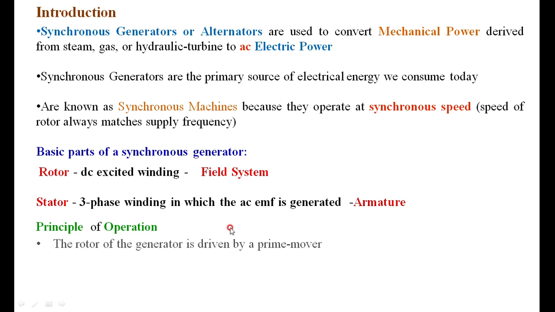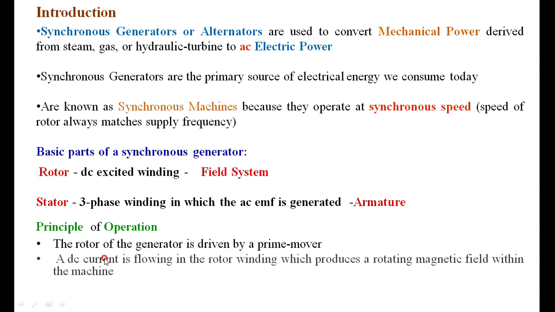The principle of operation is the same: the rotor of the generator, that is the field system, is driven by a prime mover, in the form of mechanical energy from different sources. Then a DC current flows in the rotor winding, that is the field winding, which produces a rotating magnetic field within the machine.